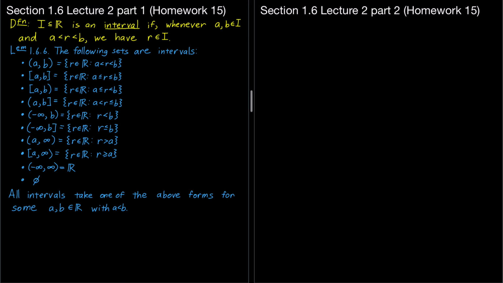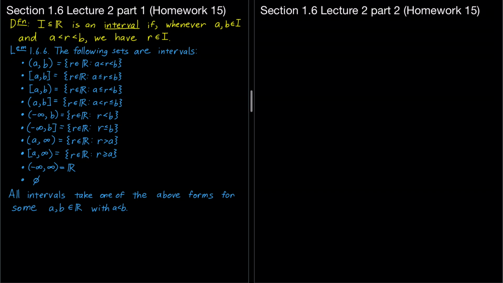It should be pretty obvious just by inspection that, I guess that is 10 possibilities, I've written down that all of those are intervals. Everything written in Lemma 1.6.6 is an interval.